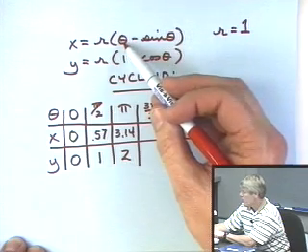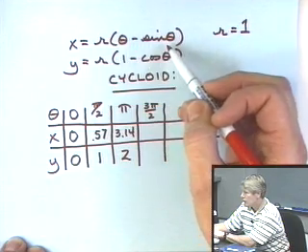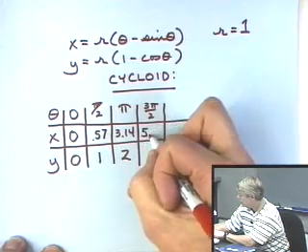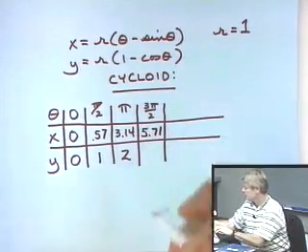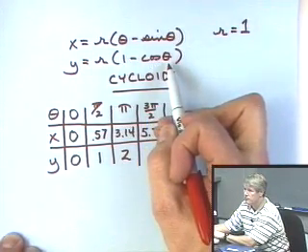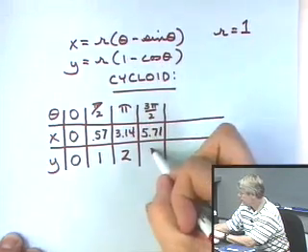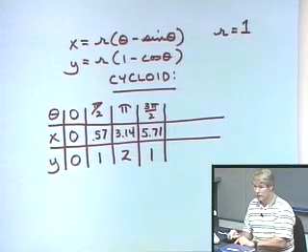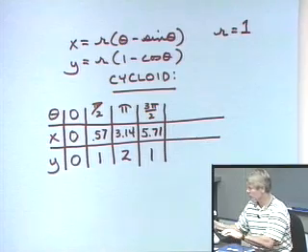So we've got 4.71 plus 1, right? 5.71. And what's the y value? What's the cosine of 3 pi over 2? 0. 1 minus 0 is 1. Start to cycle back down, right? It's reached its peak in terms of the height, the y value, and now it's on its way back down.